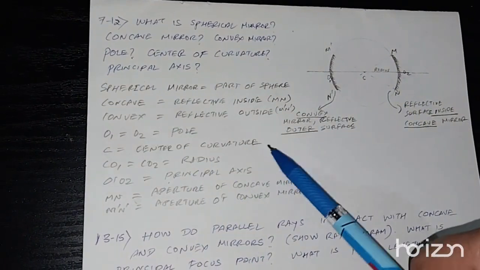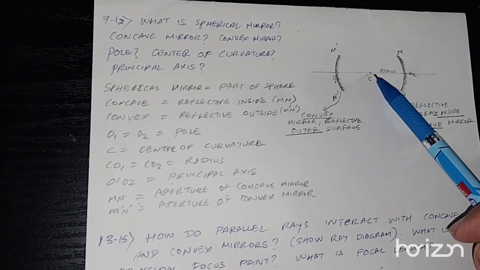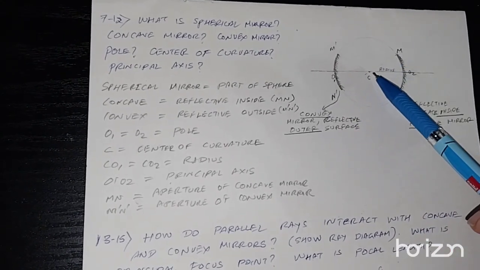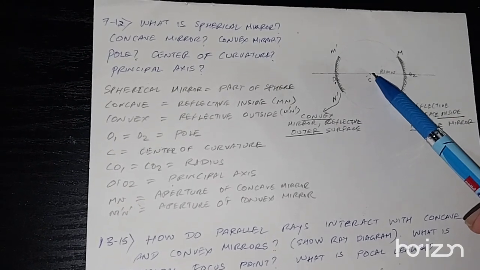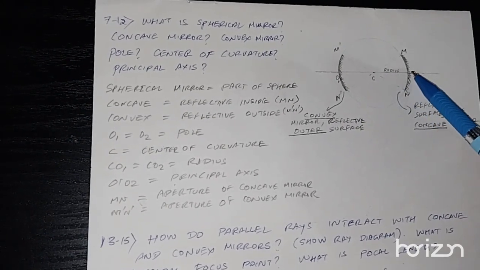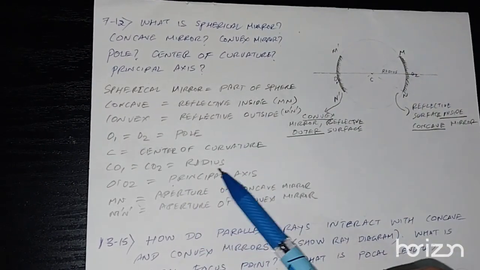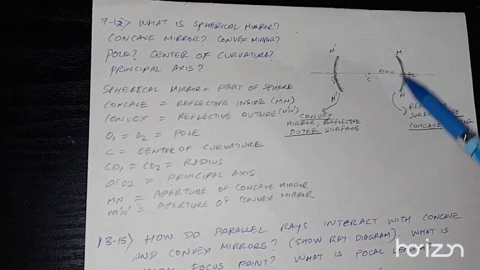That center is nothing but the center of curvature. Okay, and since it is a sphere, it will also have a radius, isn't it? So that radius, which starts at the center and goes to the pole, CO2 or CO1, is the radius of the sphere.